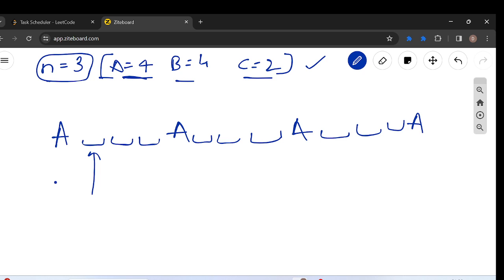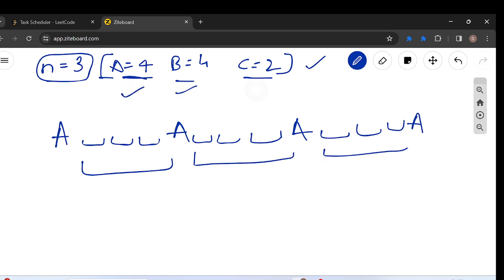So let's see how we will place all the tasks. We try to fill these idle chunks with the tasks, and the remaining places will be idle, then we can find the minimum time.